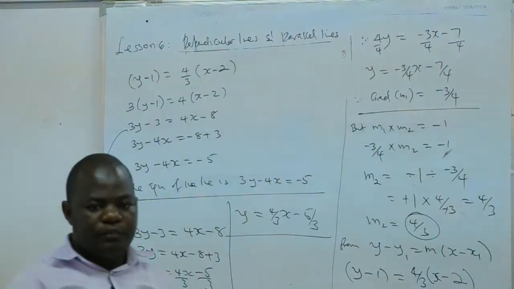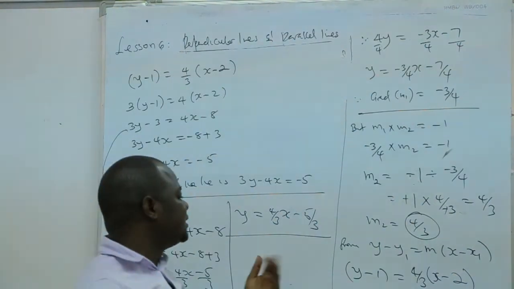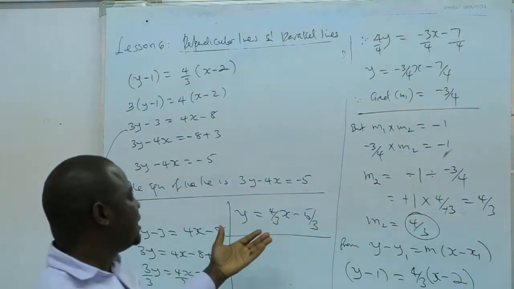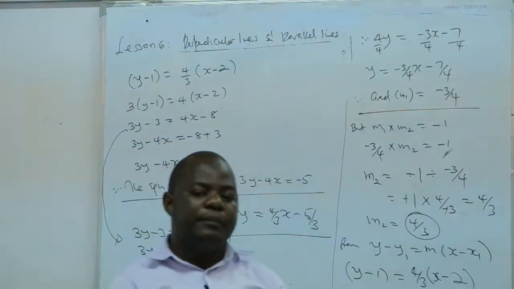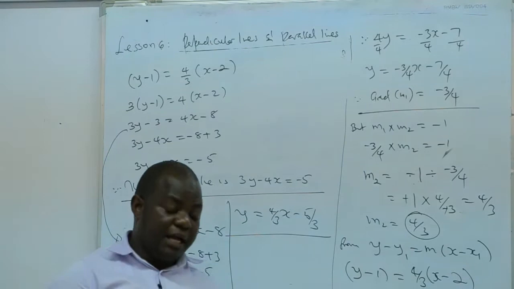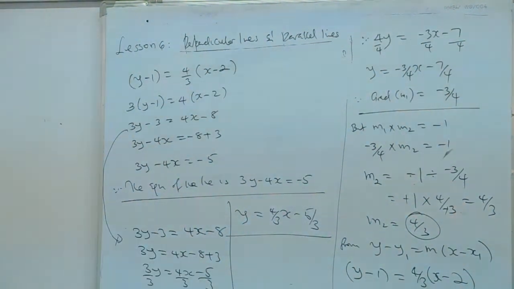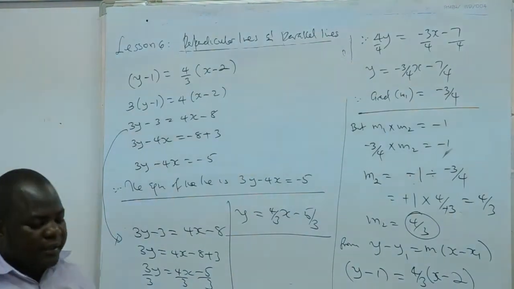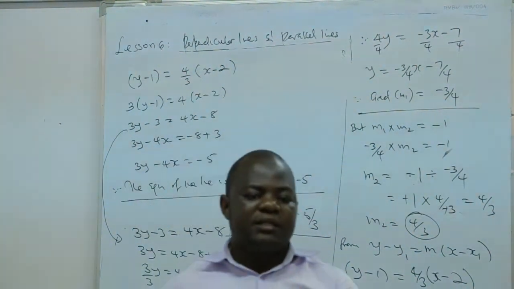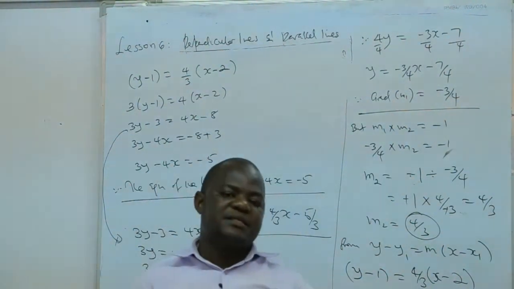So we have looked at how to get the equation of the line. We have done different examples, and we have now been able to find the equation of a line and the perpendicular line. In the concept that we are going to do next, we are going to discuss the concept of the perpendicular bisector.